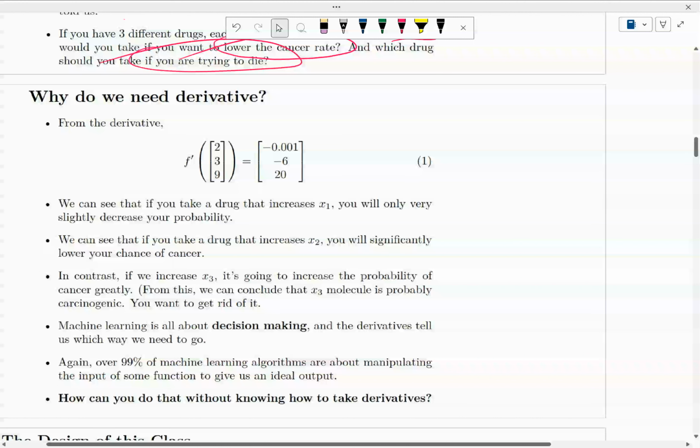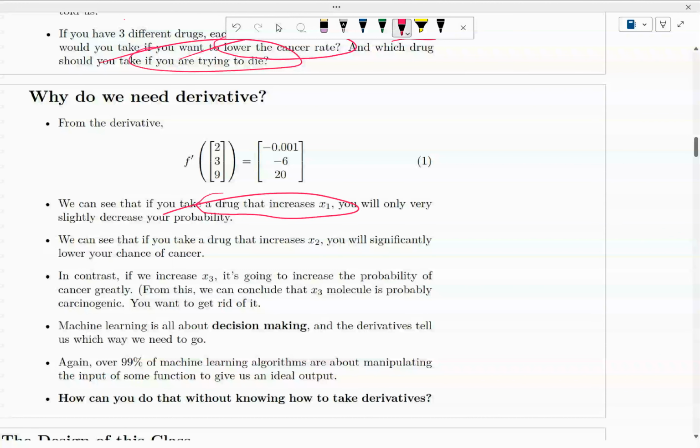So, why do we need derivatives? Let's go back to this particular thing. Remember, the derivative tells us what happens if we increase a particular factor. A positive derivative is going to increase the output of the function, and the output of the function was the probability of cancer. If you were to increase the first factor, the probability is going to decrease by this tiny little number.